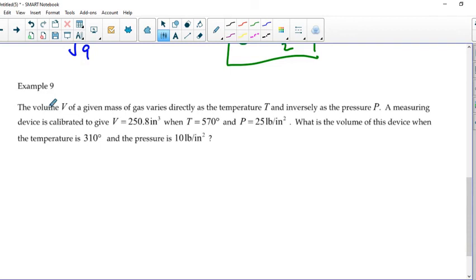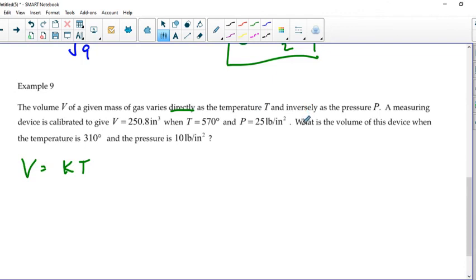Okay, example 9. The volume V of a mass of gas varies directly as the temperature. So I always start writing as soon as I see something I understand. Volume varies directly, y equals kT, and inversely as the pressure.